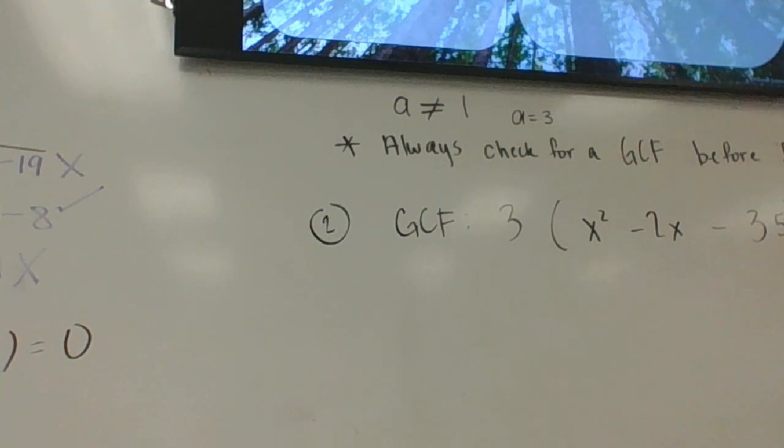Now that we've taken that out, this problem is just like number 1. So now you can factor. Now you have a green light to continue now that that 3 is up there. It should work.